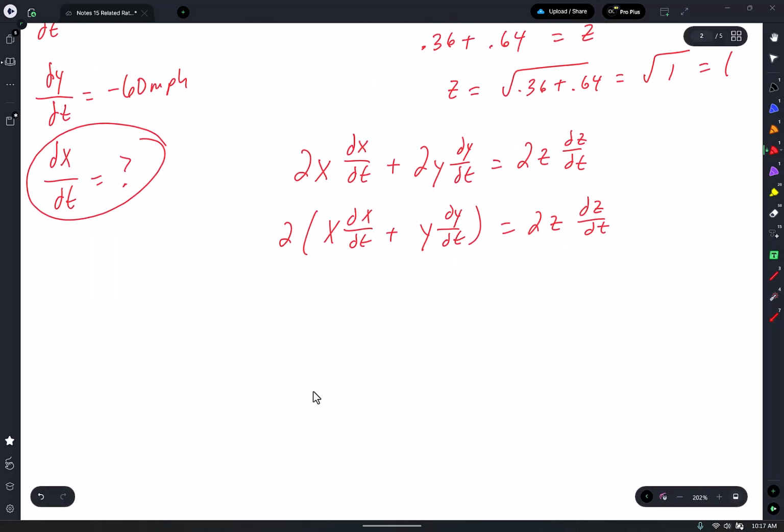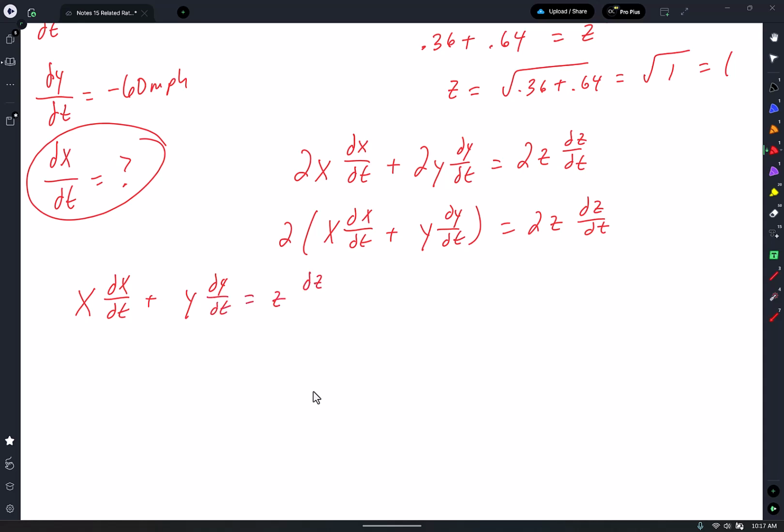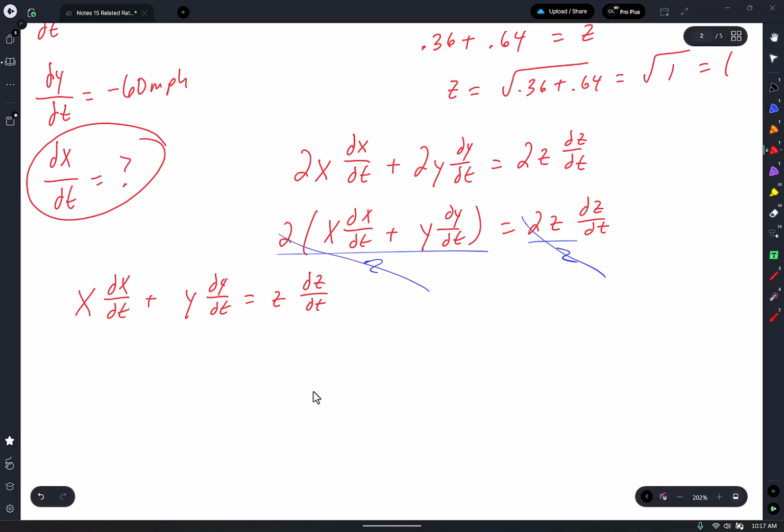All right, so here's what I now have: x dx dt plus y dy dt equals z dz dt, once you divide both sides by 2. And I'm just doing algebra. I haven't done any calculus. The only calculus was the first line. Is that okay?